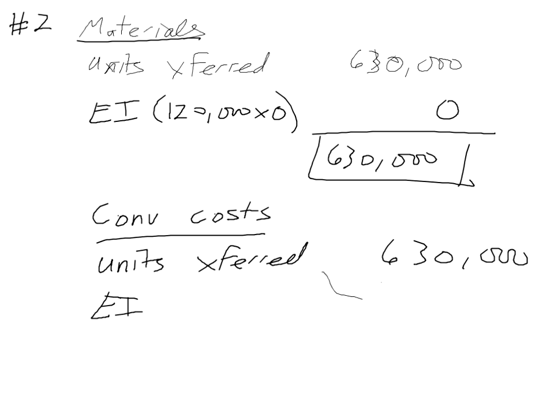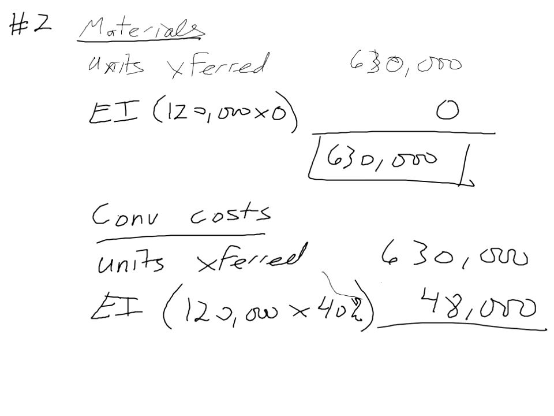It says that we're 40% complete. So we're going to take our units, which are 120,000 units in ending inventory, multiply that by 40%, and we get 48,000 units. Add those up, and we get 678,000 units for conversion cost. All right, so that's 2A conversion cost, 678,000 units.